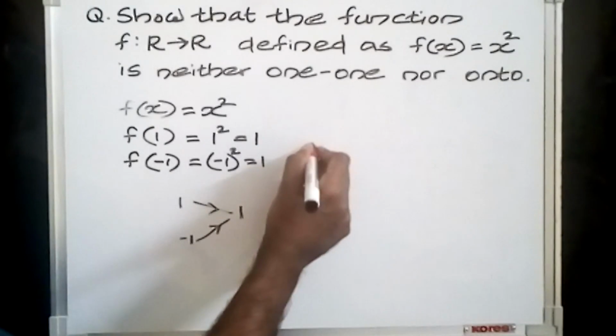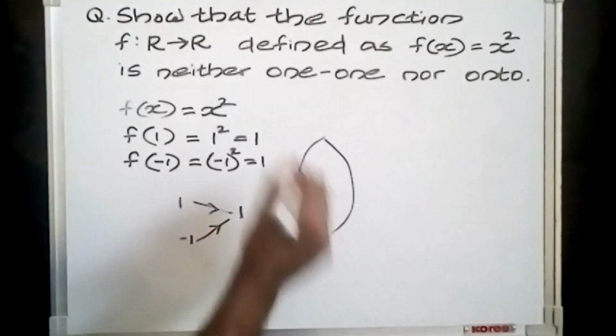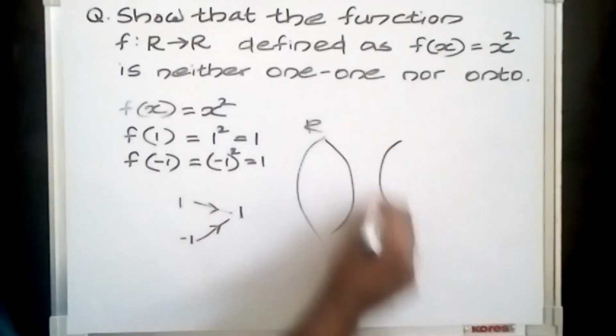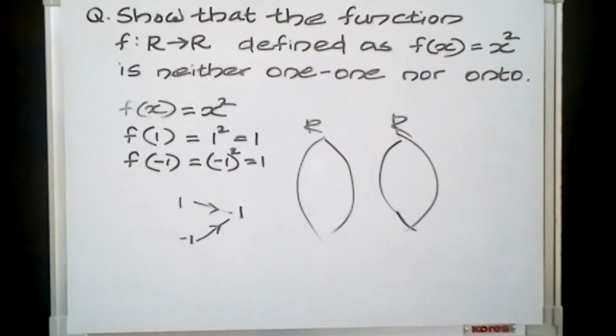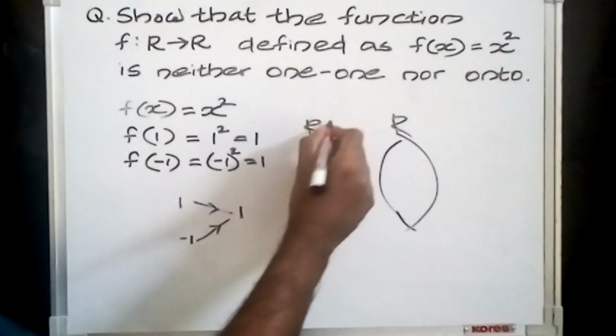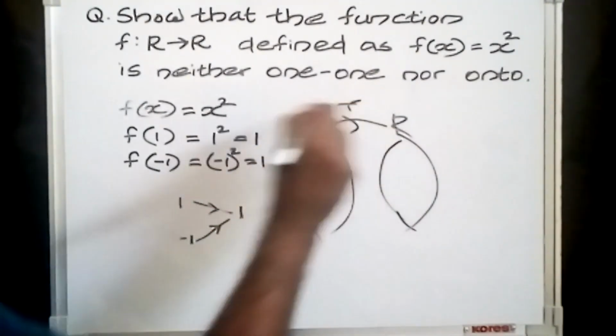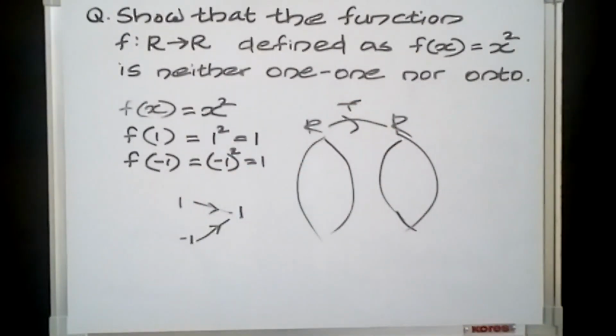The function f is defined from real numbers to real numbers.